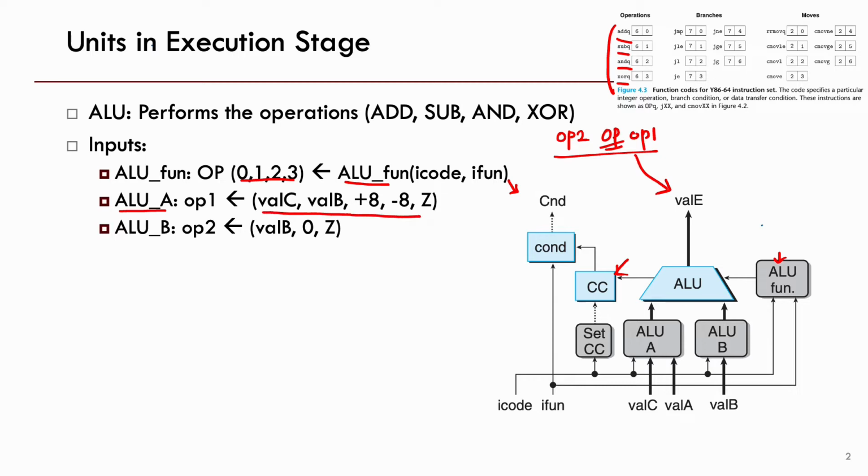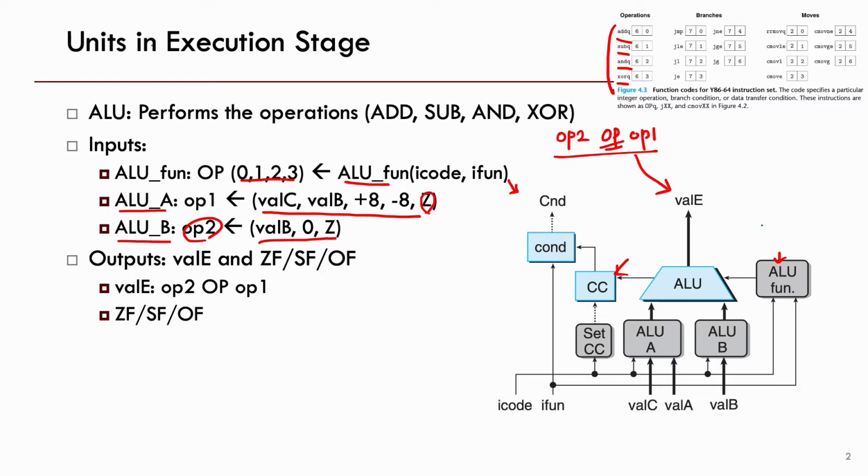inputs from the ALU A module: val C, val B, positive 8, negative 8, or Z, which means just an unknown value. For the input ALU B, or operand 2, there are three possible inputs from ALU B: val B, 0, and Z value, like an unknown value.